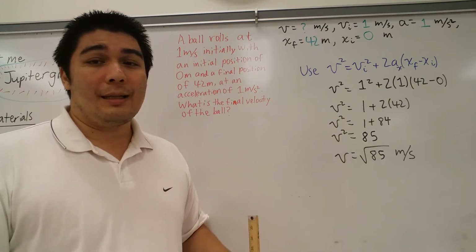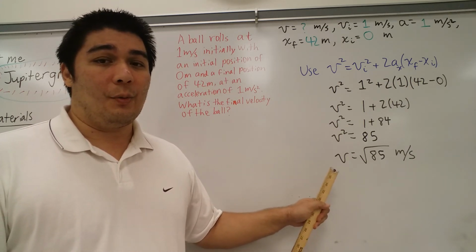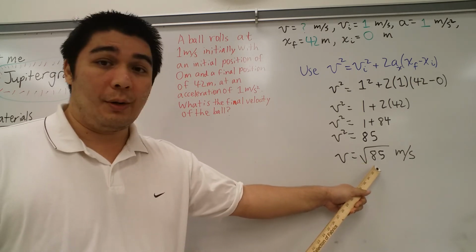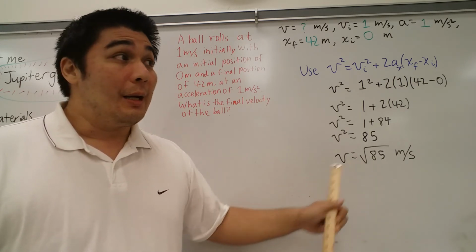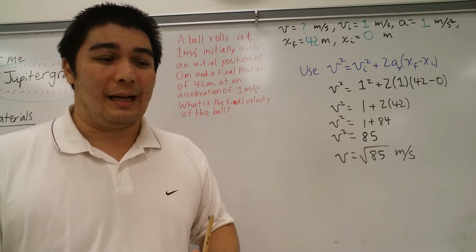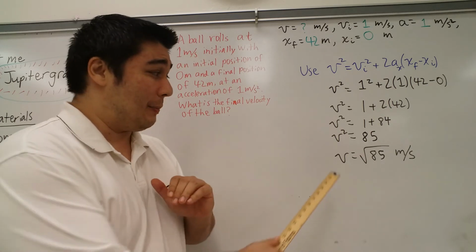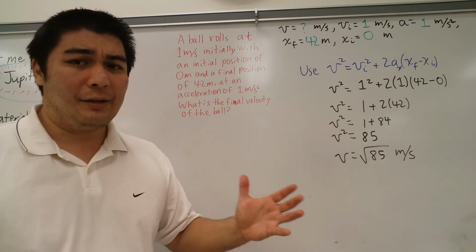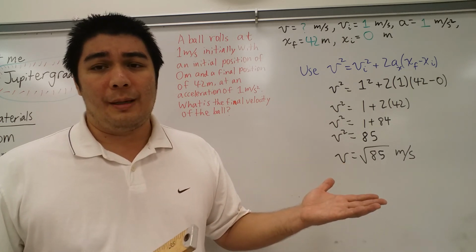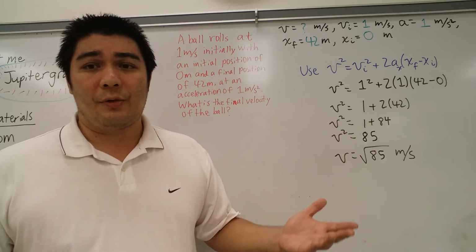Now, I do want to use this as an example of what I'm looking for, especially on a test. If you leave it as the square root of 85, like so, this is a perfectly acceptable answer. I am totally fine with this. Honestly, I would prefer that it be left in this form rather than you trying to write out some non-terminating decimal that just goes on forever.